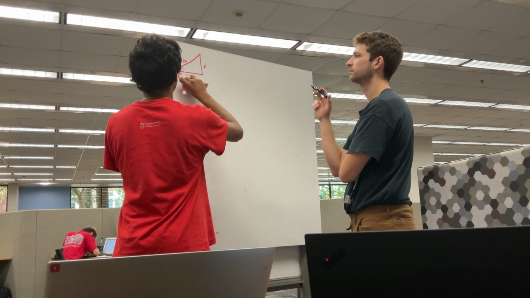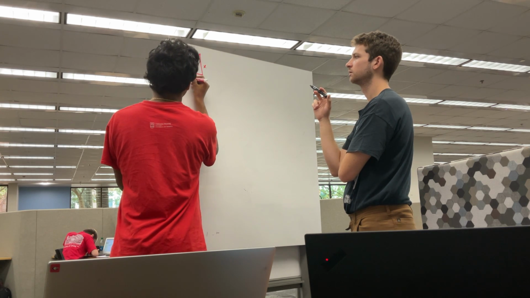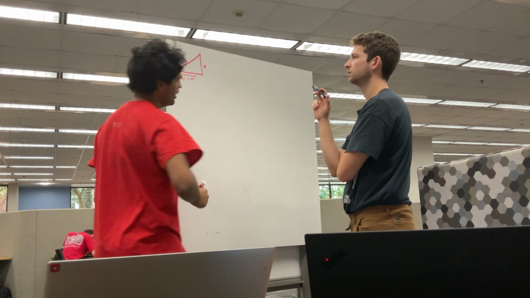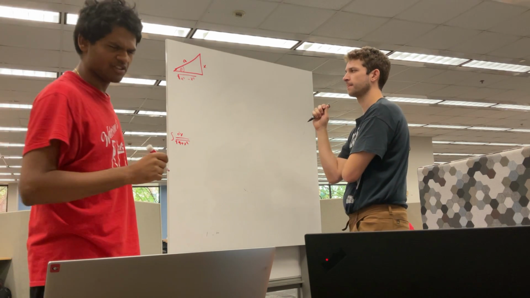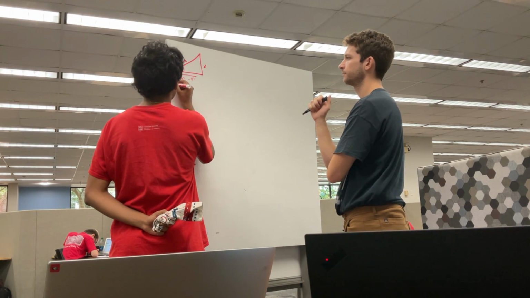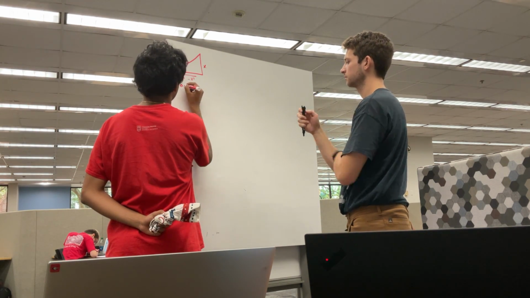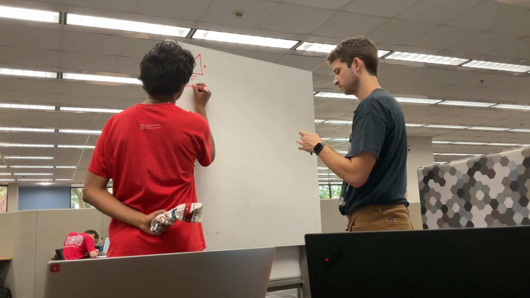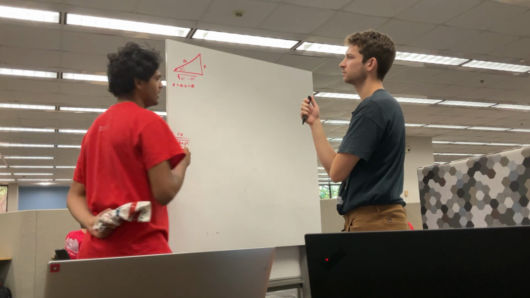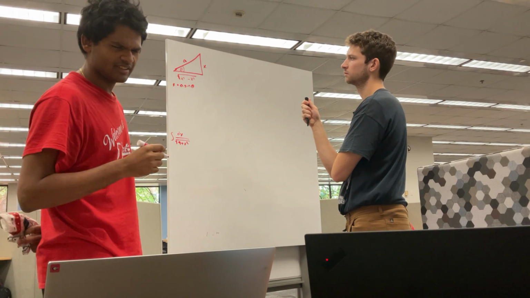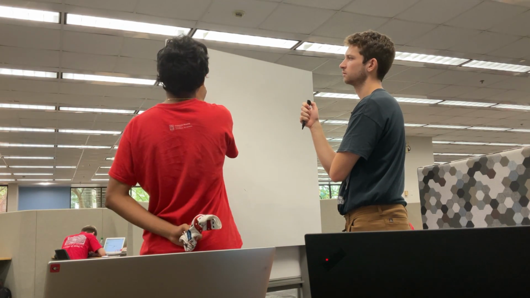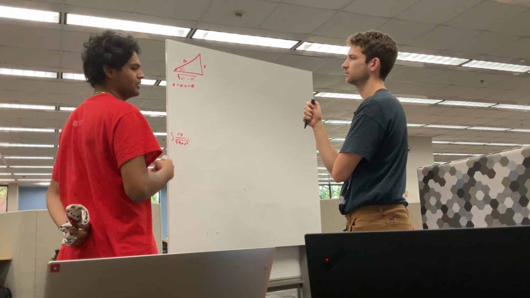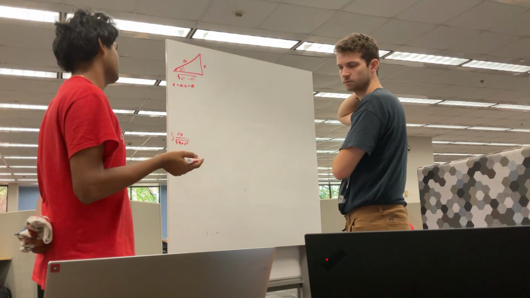My bad. And for this one, we know that x is equal to a sine theta, and that the square root of a squared minus x squared is equal to a cosine theta.